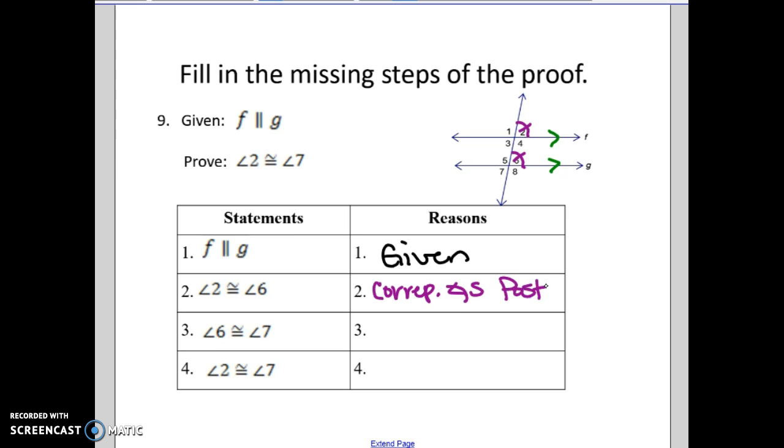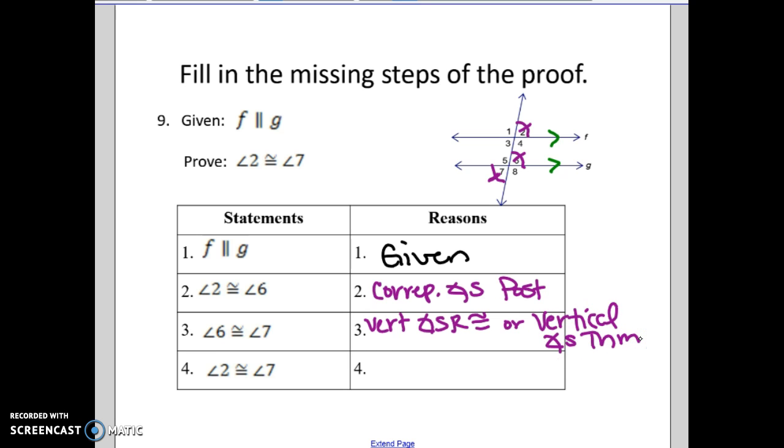Okay. And then they say that angle 6 is congruent to angle 7. So 6 is congruent to angle 7. And that is because they are vertical angles, and vertical angles are congruent. Or we could just say the vertical angles theorem.